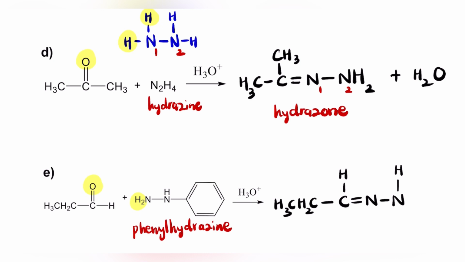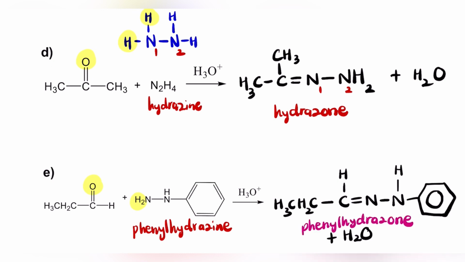And then this nitrogen bonded to benzene ring. Don't forget your benzene ring should be 6 carbons, plus H2O as the side product. So you got your structure, and this structure is what we call phenylhydrazone. So settle for condensation with ammonia and its derivatives.